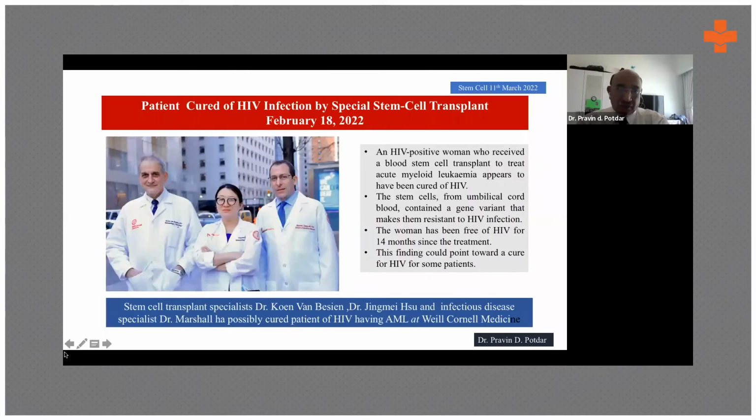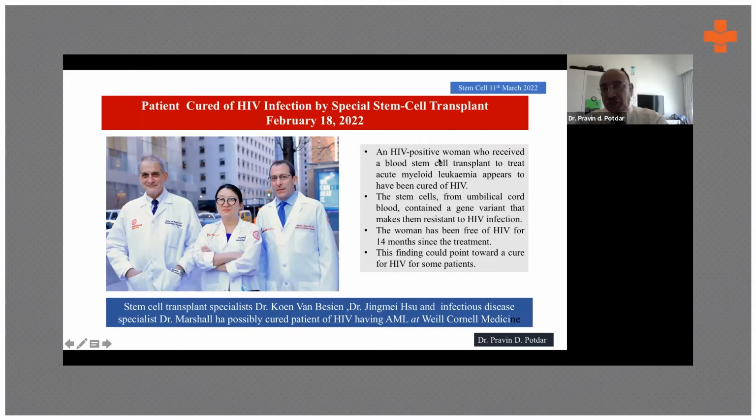Now this is again a human trial, a clinical trial done by stem cell transplant specialist Dr. Fiona von Bessian, Dr. Hosu, and infectious disease specialist Dr. Marshall Ha from Weill Cornell Medical. He has also followed up the same way as Dr. Hutter has done it.